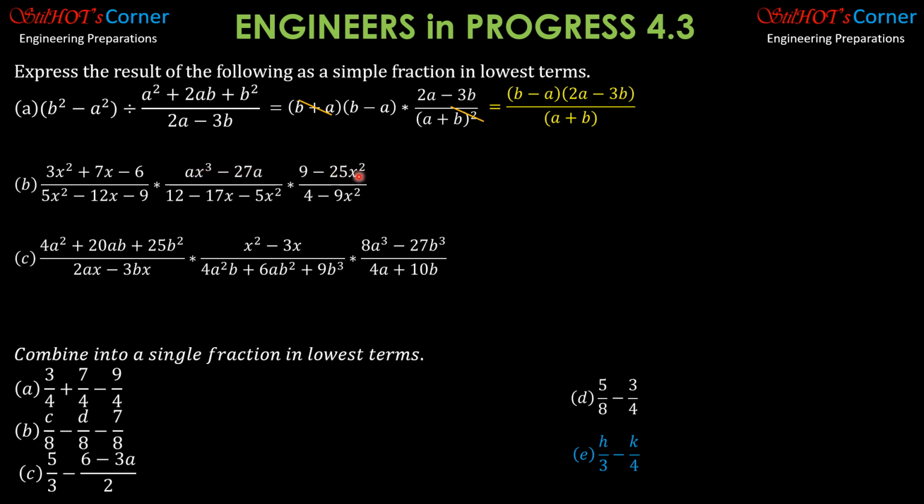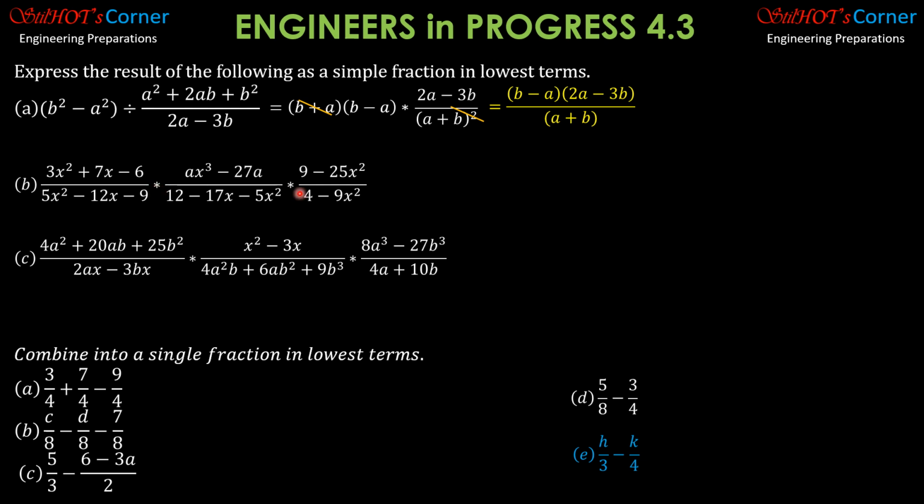We have difference of two squares, 3 squared minus 5x quantity squared. We have difference of two squares also, 2 squared minus 3x quantity squared. So let's simplify this one by one.